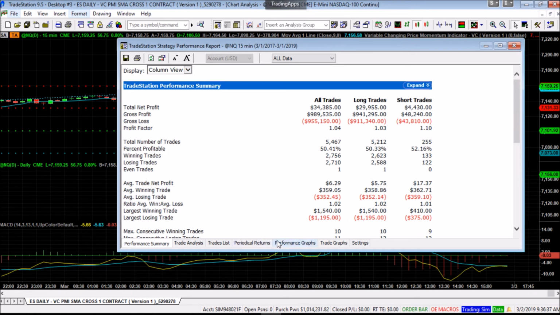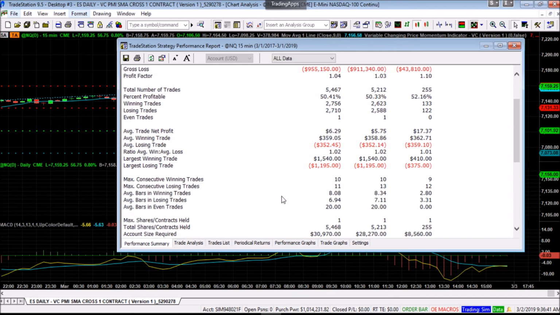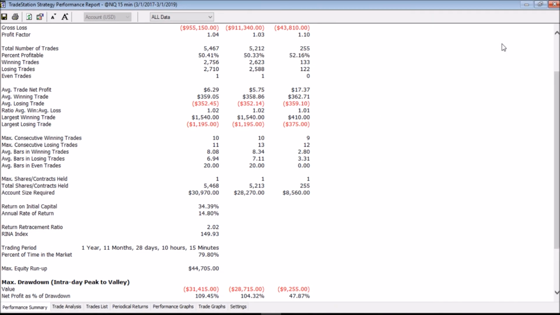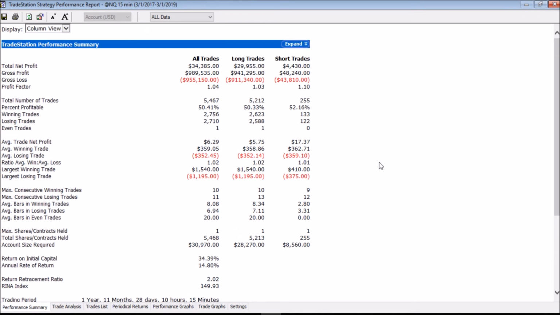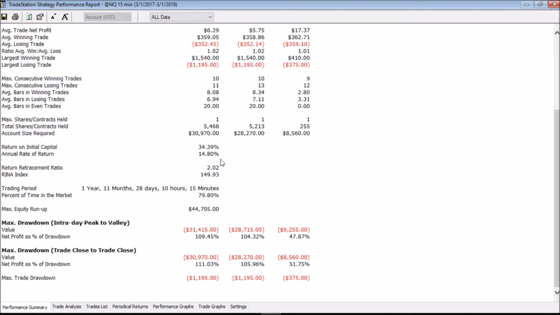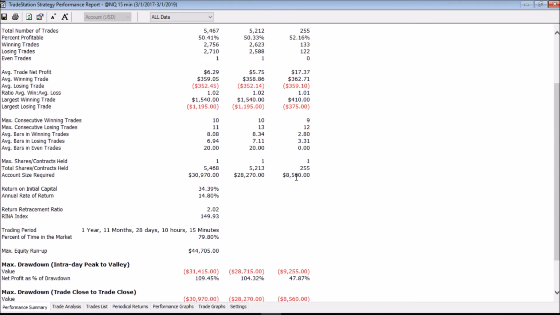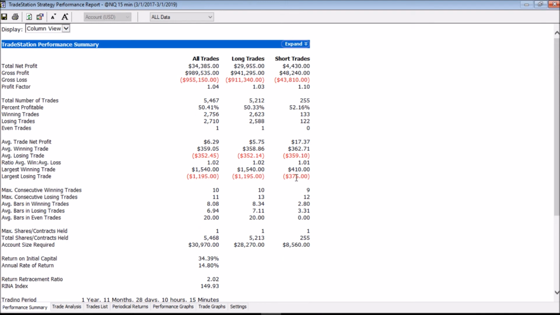Just to follow through with the results here, the NASDAQ seems to be the most profitable in the trades. If you can see here, the total profit trading the NASDAQ is $34,385. Basically, what you need to trade is $8,560 as a margin.